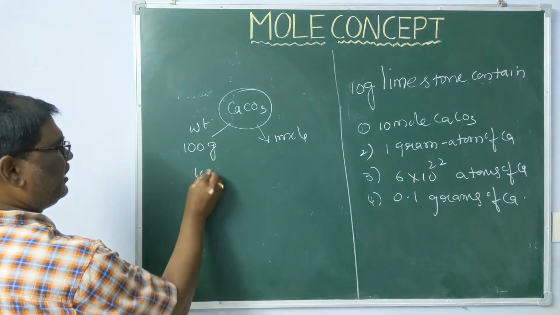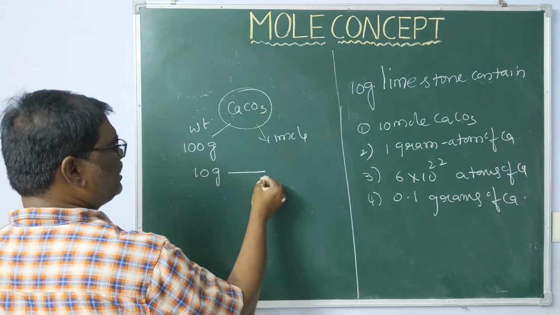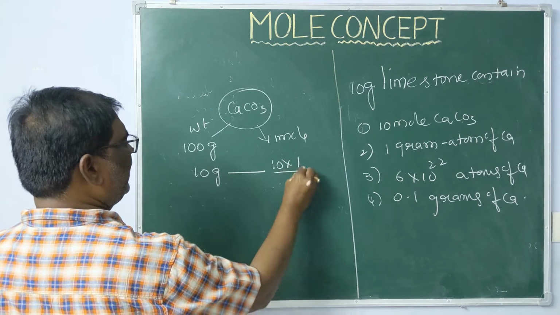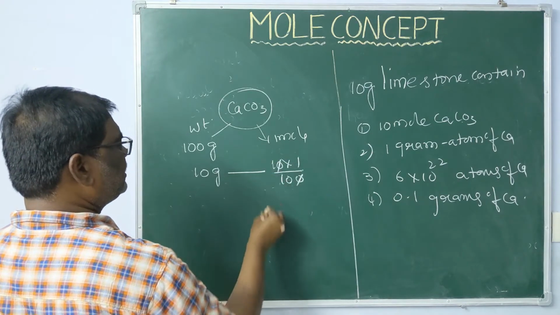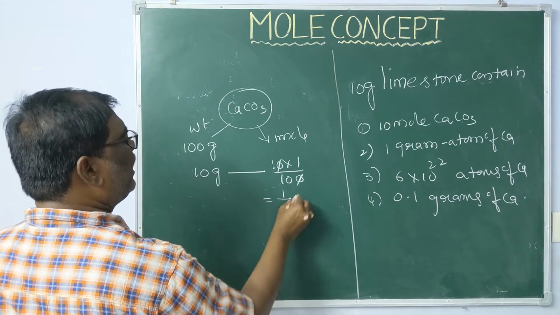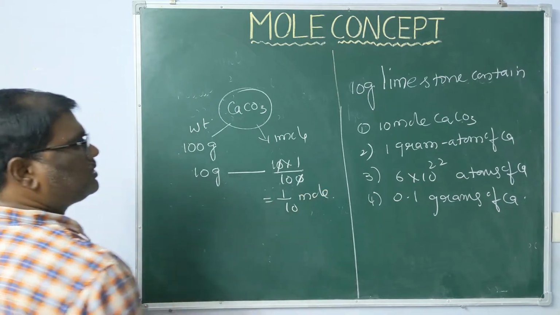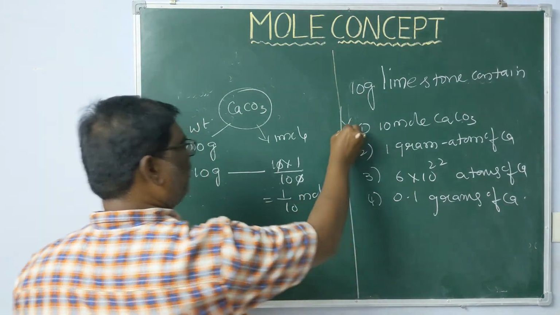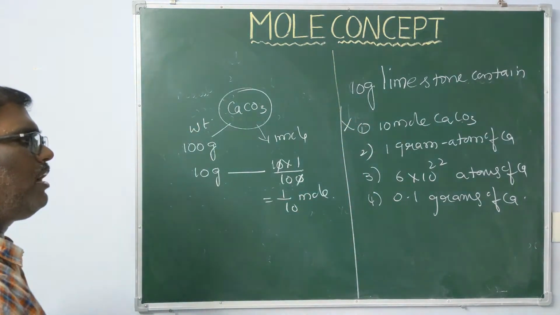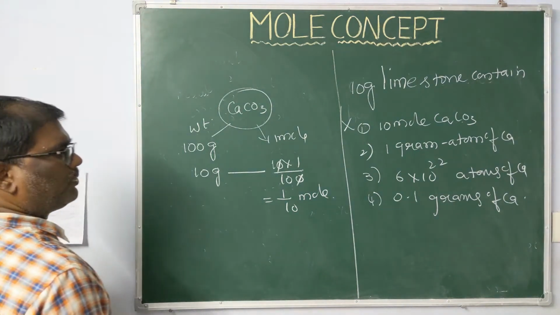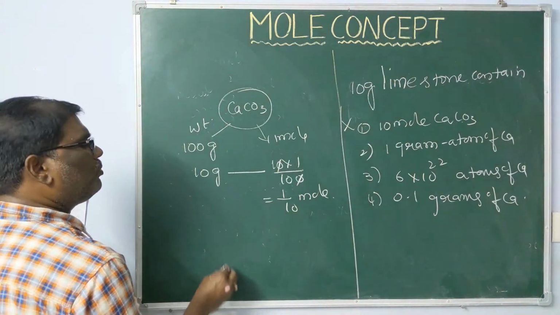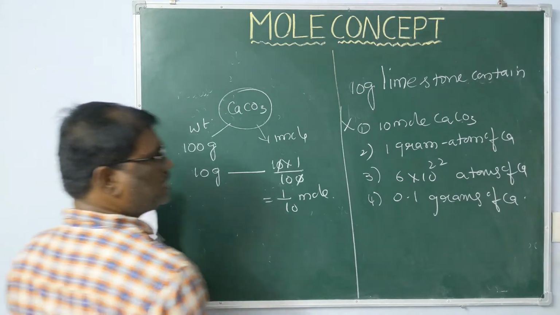Therefore, for 10 grams, how many moles? 10 into 1 by 100. That means we are given 1 by 10 mole. So option 1 is wrong. So we have 1 by 10 mole of limestone.